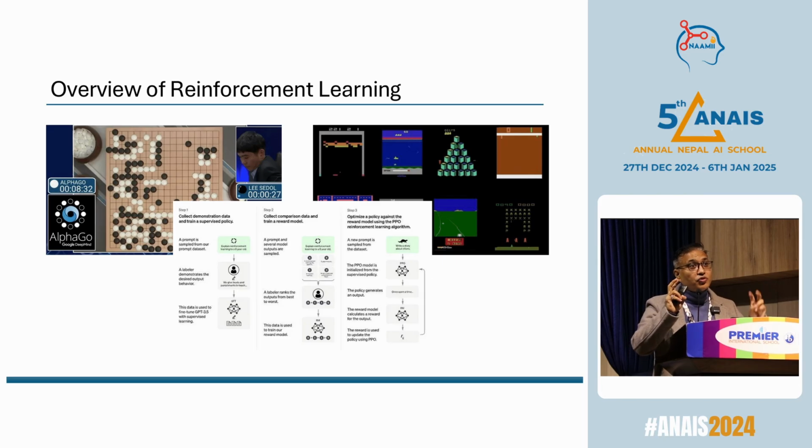So in reinforcement learning, we have this phrase called trial and error. We try something, right? We try something and we get the result. The result is either negative or positive. That means the environment will tell you that you did very good, or the environment will tell you that you did very bad.